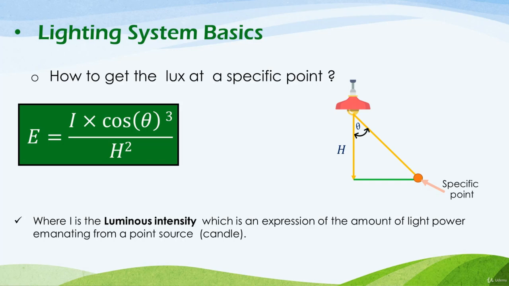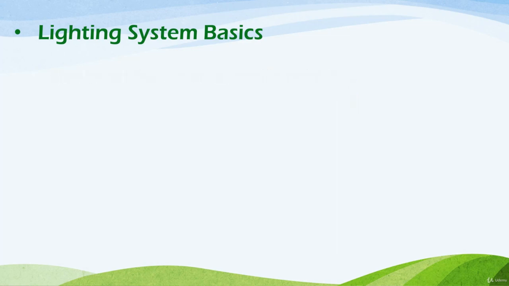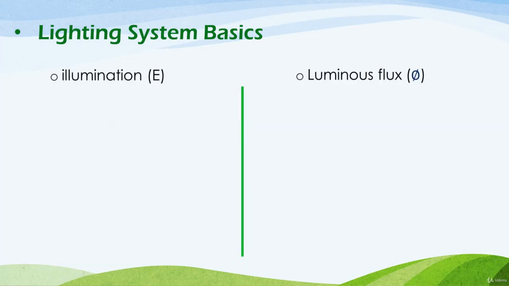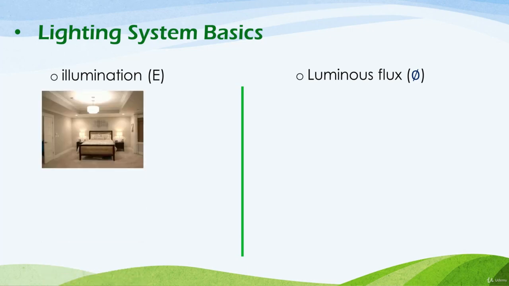But this is about the mathematical point of view. And now we need to know practically what is the difference between the illumination or the lux and the luminous flux phi. So we need to know for our design that we will implement what is the difference between E and phi. Now suppose that we have this light source in that sleeping room. So the lux at that condition is the amount of light required to exist in the working plane.